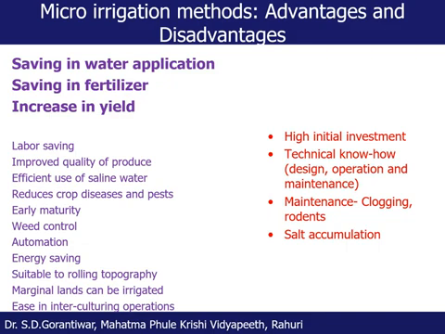Our studies have shown that by the adoption of micro irrigation method over surface irrigation method, there is increase in yield to the level of 25 to 30%. And if we compare this with the sprinkler irrigation method, then drip irrigation method can enhance the yield by 15 to 25%.